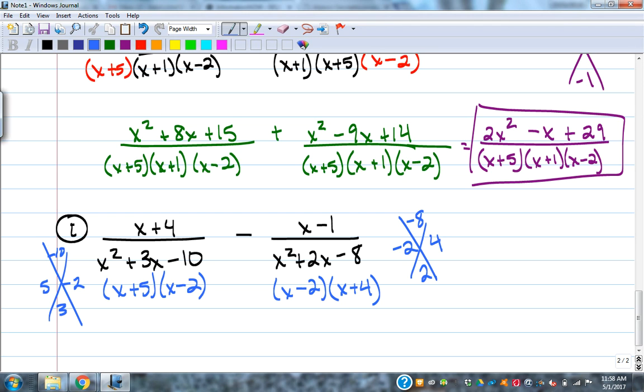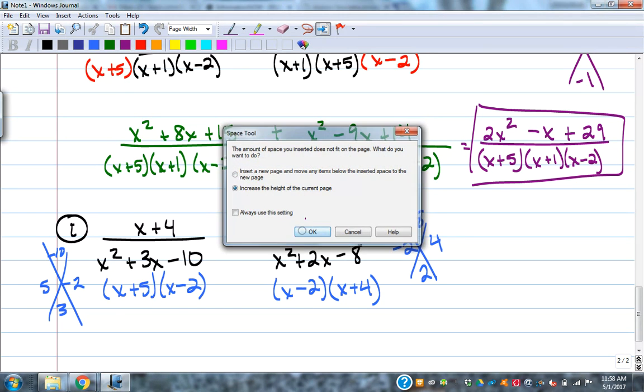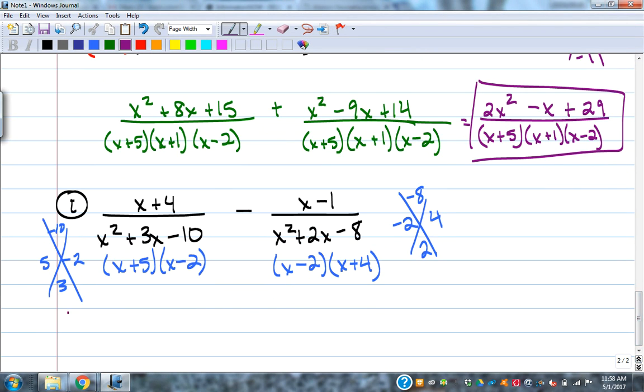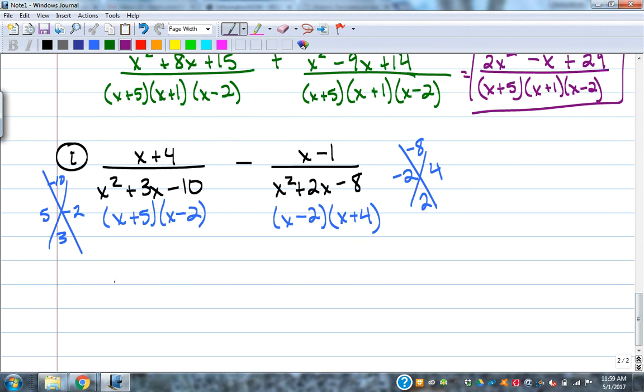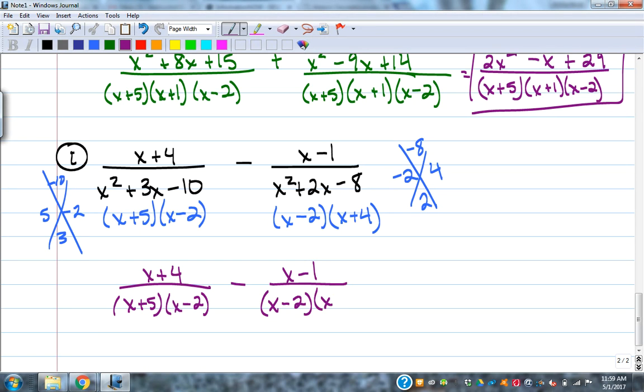Okay. So I'm going to rewrite that so that we can maybe see that a little more clearly. All right. So I have x plus 4 over x plus 5, x minus 2, minus x minus 1. All right.